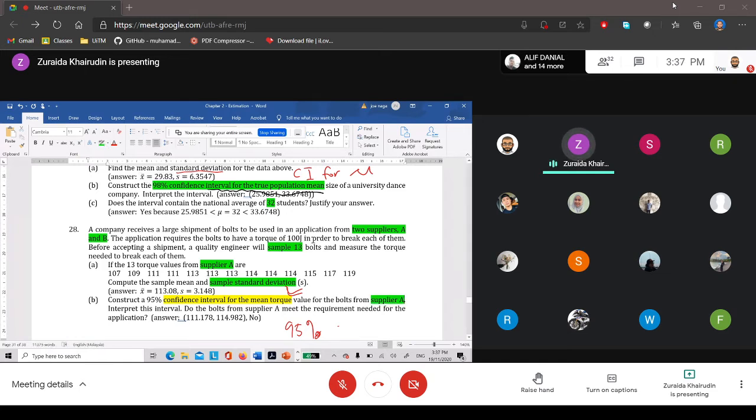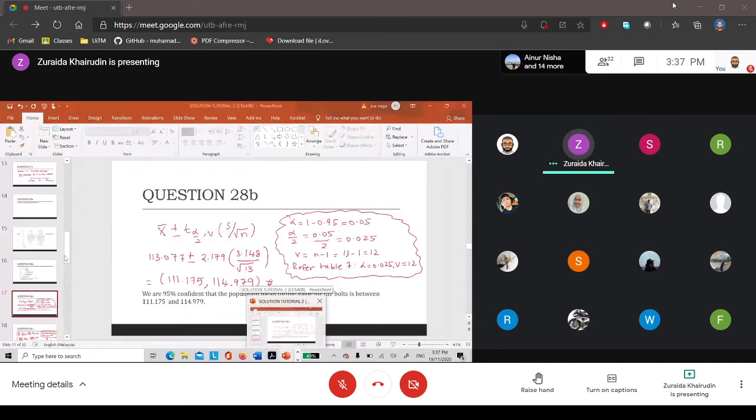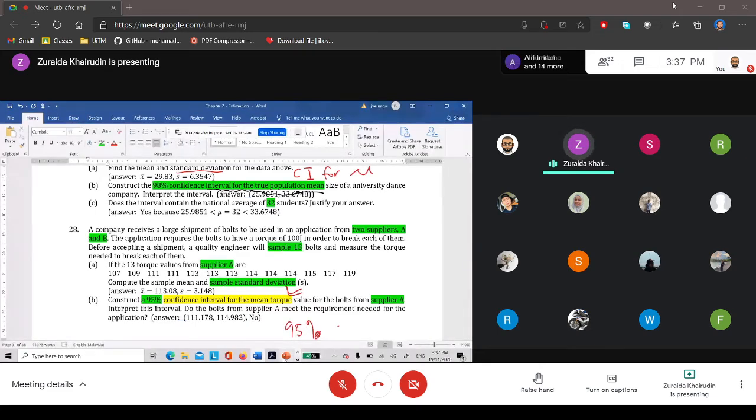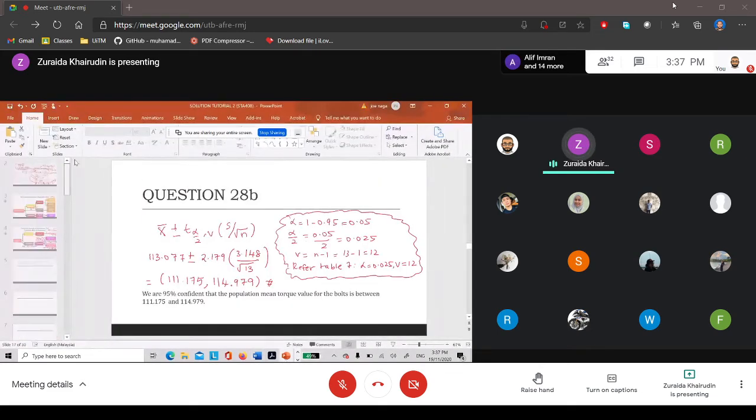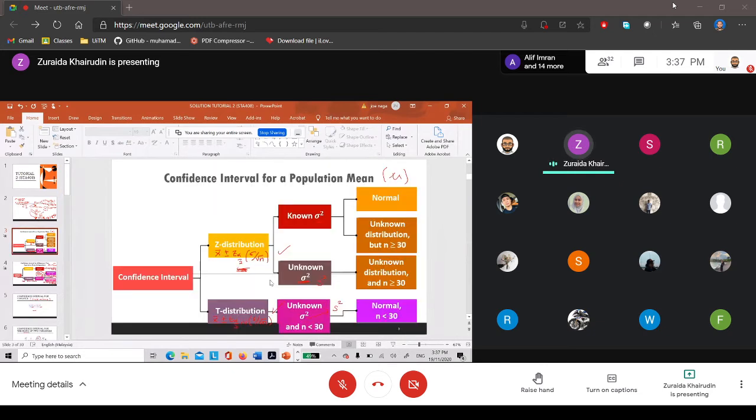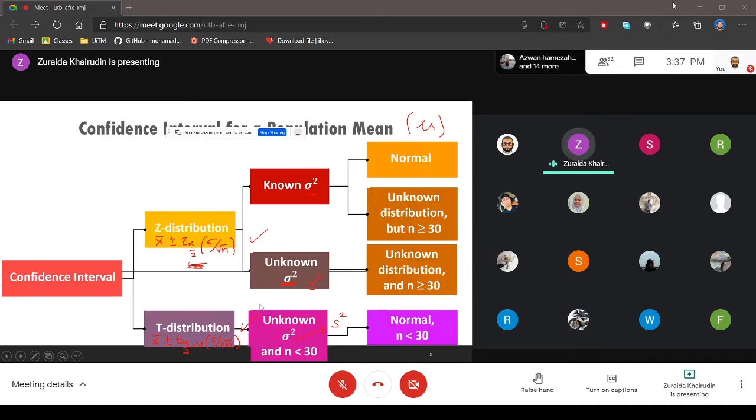Even though the statement says there are 2 suppliers, 28B only asks for a 95% CI for one population. This is also from your slide 1. I will give you this slide, don't worry. Again, you have to check whether you have sigma values.